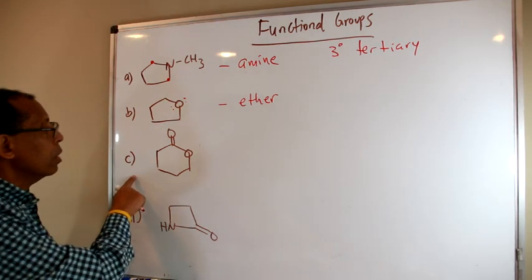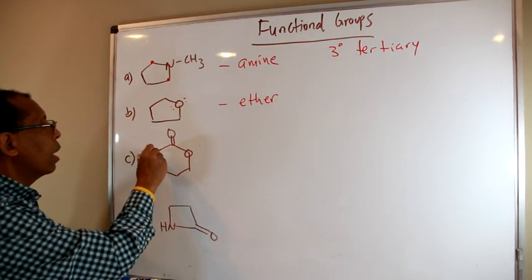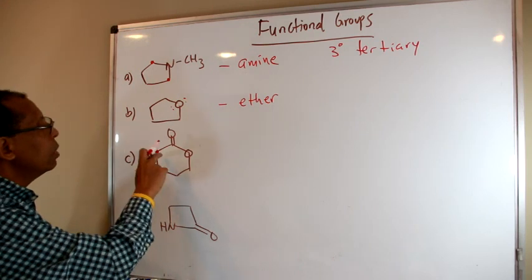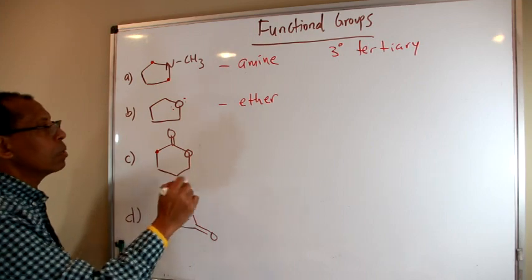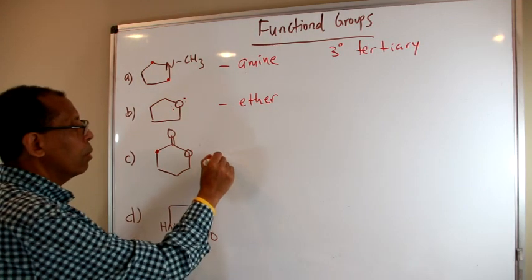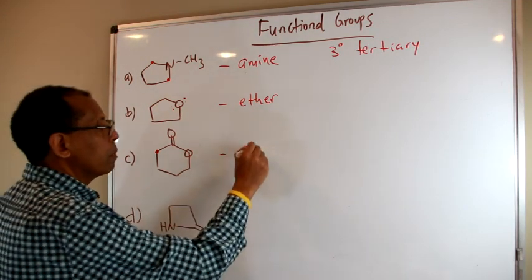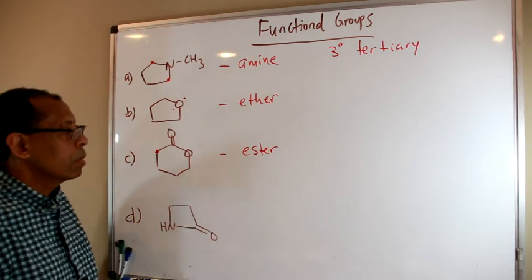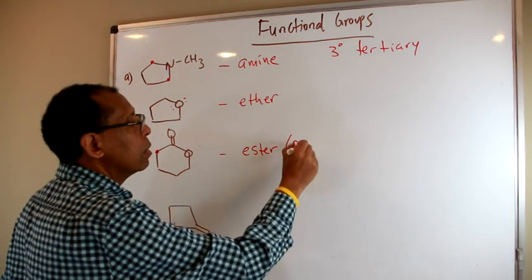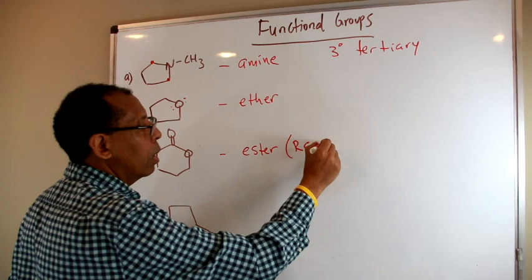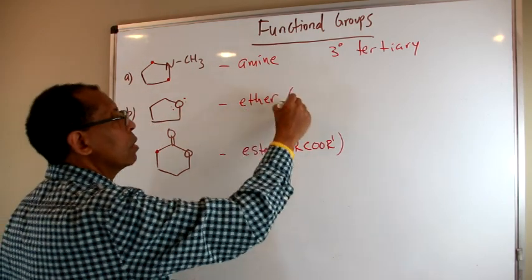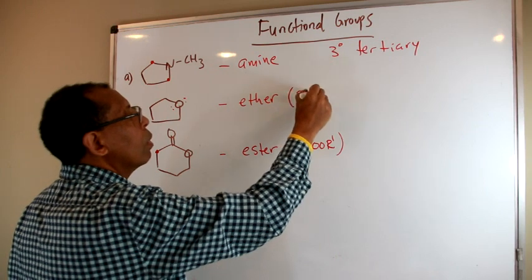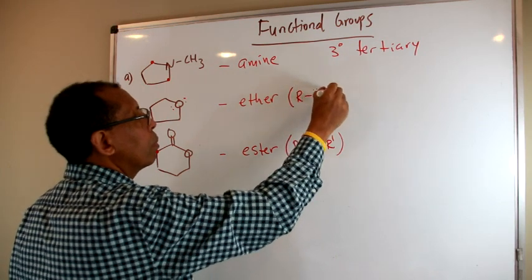In compound C, what you see is R on one side, C, O, O, another R. So functionality-wise, this is an ester because it has R, C, O, O, R prime, a different R. For the ether, it is R, O, R prime.